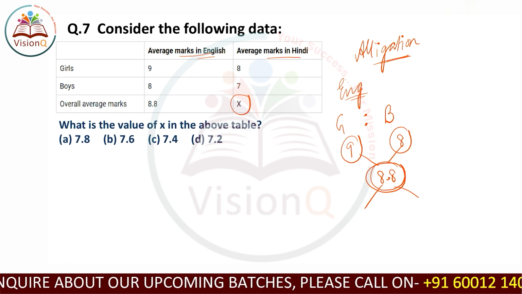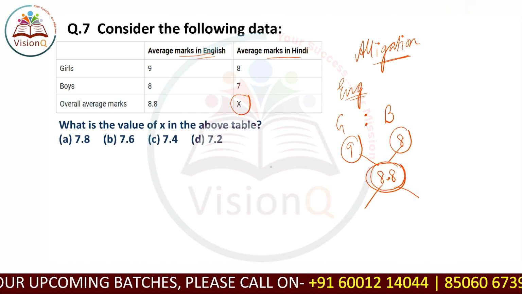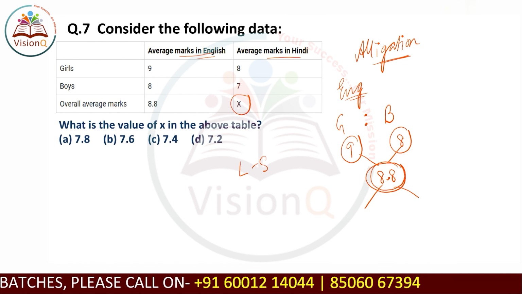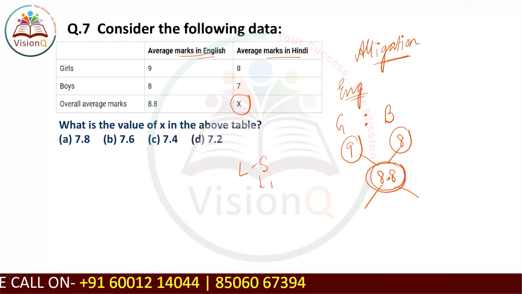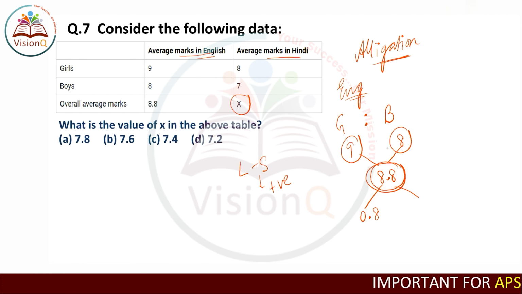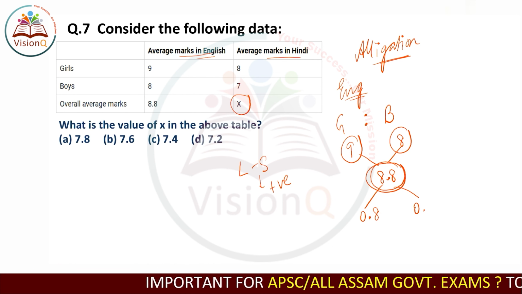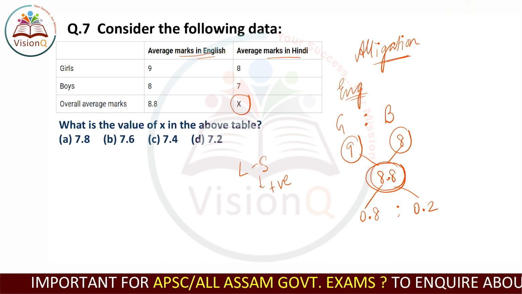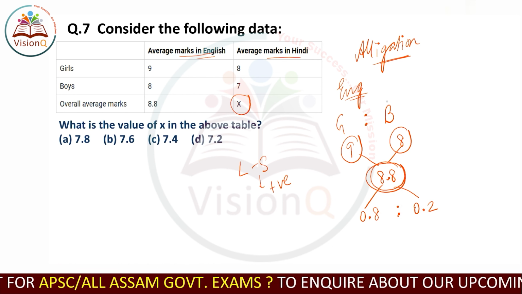We take 8.8 minus 8. We always subtract the larger number minus the smaller number, that is, the difference should always be positive. So 8.8 minus 8 will be 0.8, and 9 minus 8.8 will be 0.2. Now this ratio is nothing but the ratio of boys and girls.